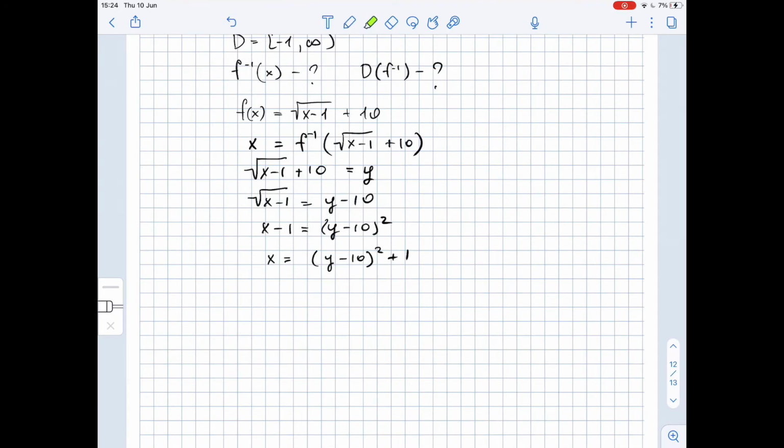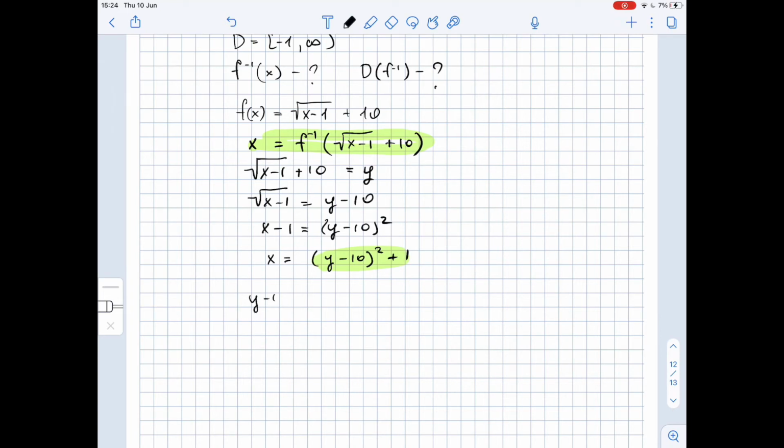Now we will go back to this equation right here, and we will substitute this expression that we got for x.